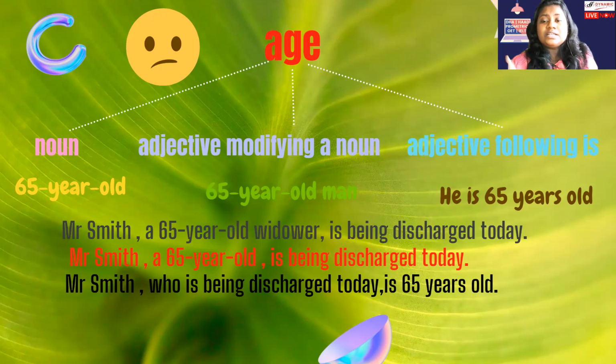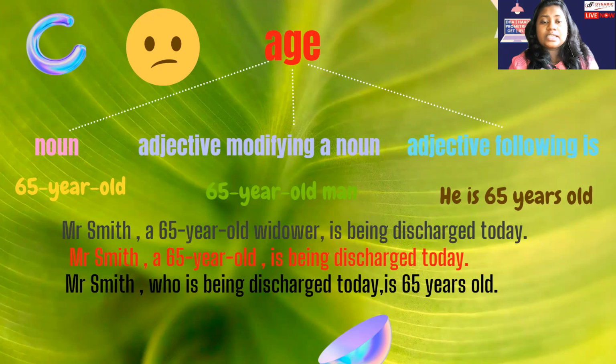That means if you are representing it as an adjective following "is," we have to add S. So remember like this: if "is" is there, we are adding S. That way you can remember, and that will avoid your confusion. If "is" is there, you have to add S in years. So I have given examples related to this.